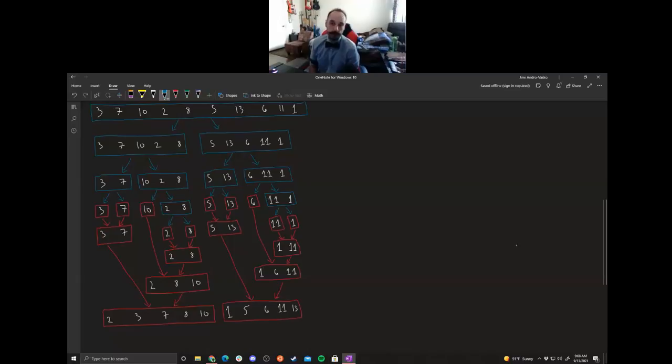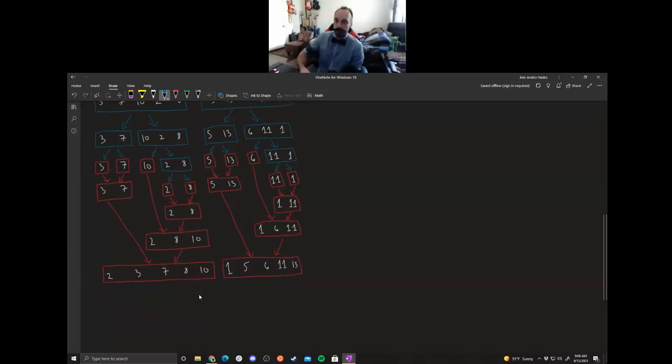Now there are finally two sorted sublists. So now we can merge those two sorted sublists together, because that's the whole idea of merge sort. Remember, we have our topmost list. We called merge sort on the left side and the right side, and we magically got two sorted sublists. Now we can merge them, and now we have one big sorted list.